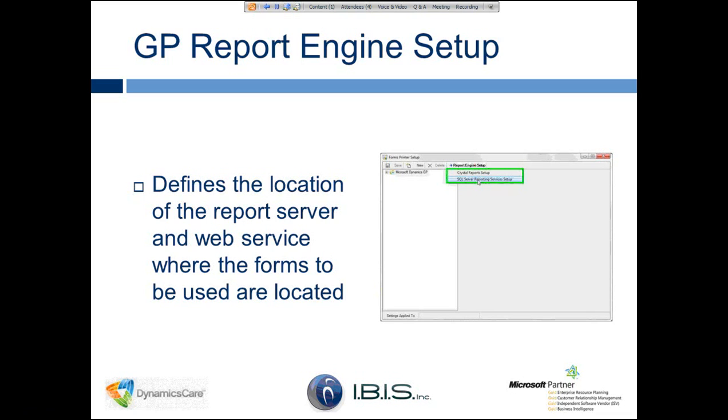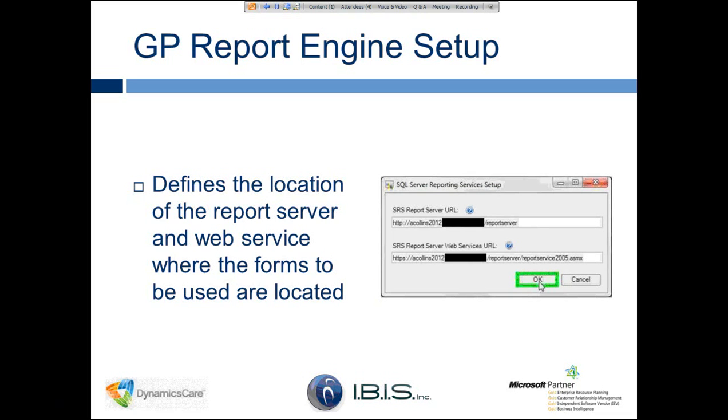And since we're using SQL Server Reporting Services, we're going to click that option. And it opens the SQL Server Reporting Services Setup window, where you need to enter your SSRS report server URL and the web services URL for the accompanying report server.